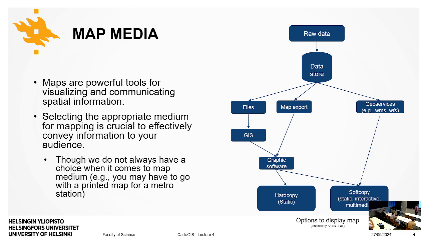So very often you have a choice, so you should think where you are going to use the map and what is the most suitable medium for sharing the map. So if you are having a workshop with people, it's about some urban topic, you're asking people's opinions, they're looking at maps, they're playing with things, then you might have the choice, should I print this map and put it on the table?